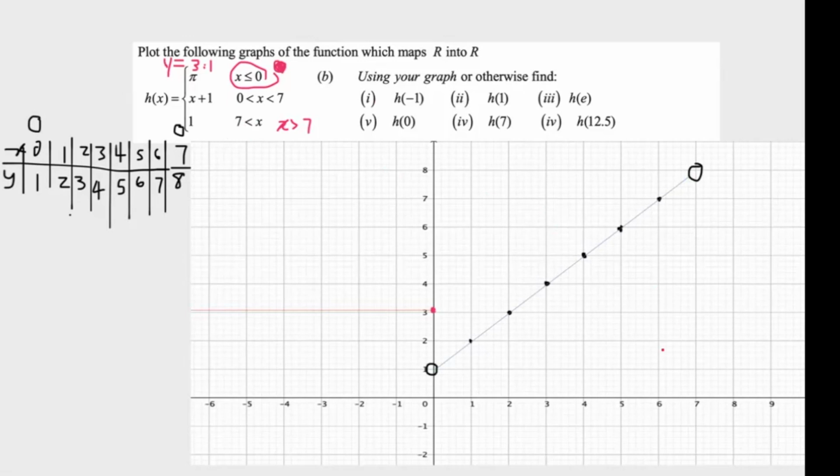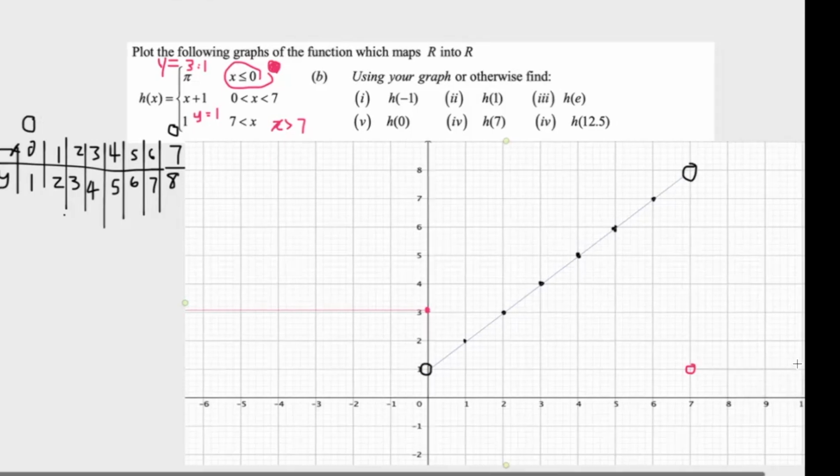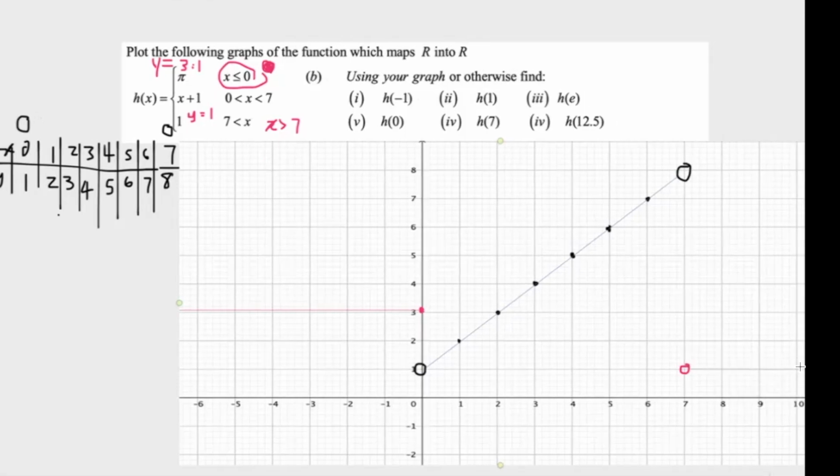Because it's not equal at 7, look for 7 and it's at 1. Remember, this is like saying y equal 1, but it's just saying we need to start that line at 7. So this is y equal 1, and we are going to draw the line, and it goes on to positive infinity.